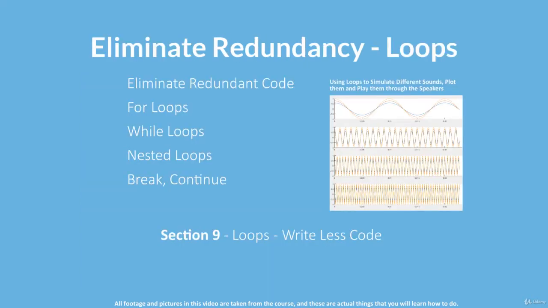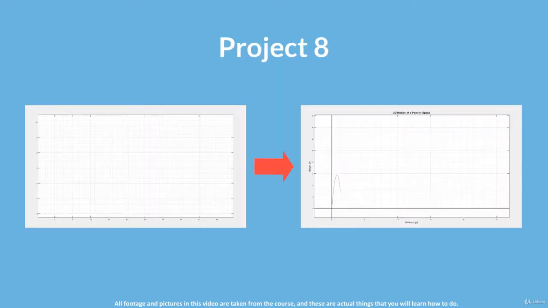Loops are one of the best things that you can learn and implement in your code. First, to eliminate redundant code and to make it much easier to re-evaluate a given piece of code for different conditions. You will encounter the longest, most complex and probably hardest project in the entire course at the end of the loops section. It consists of 5 long lectures. We will use loops to simulate the motion of a point in 2 dimensions.